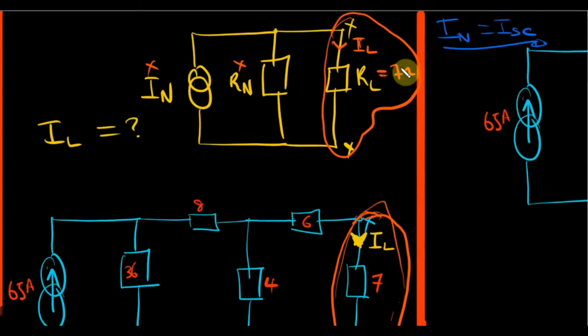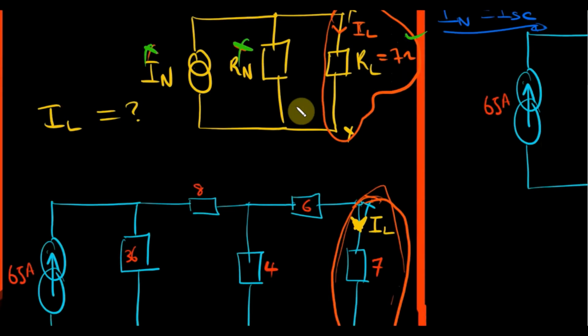Then check what you don't have. We find that we have the load resistor, we do not have Norton resistance, and we also do not have Norton current. So we need to find those.